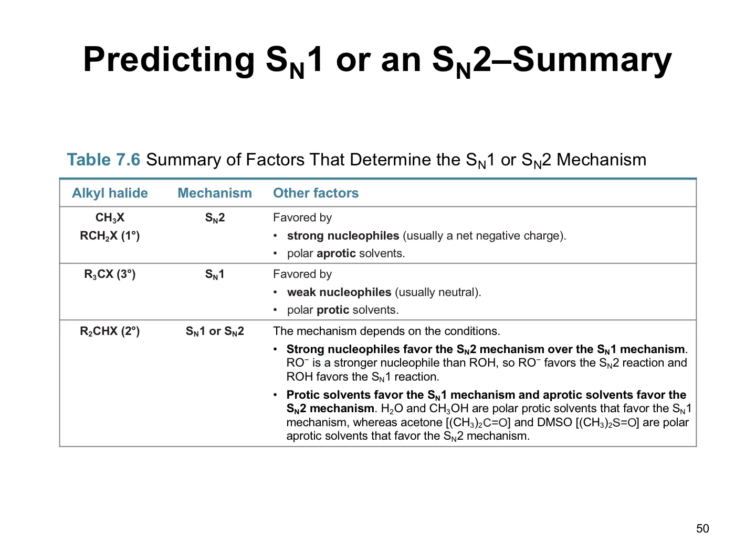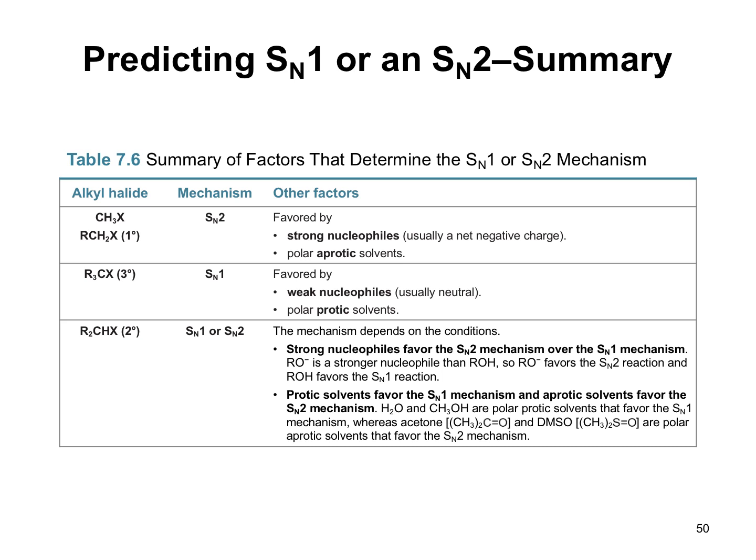A strong nucleophile favors the SN2 mechanism over the SN1 mechanism. So for example, deprotonated alcohol is a stronger nucleophile than a protonated alcohol. So that deprotonated alcohol favors the SN2 reaction and the protonated alcohol favors SN1. Protic solvents favor an SN1 mechanism and aprotic solvents favor an SN2 mechanism. So my suggestion is to really keep this slide handy as you are working problems.